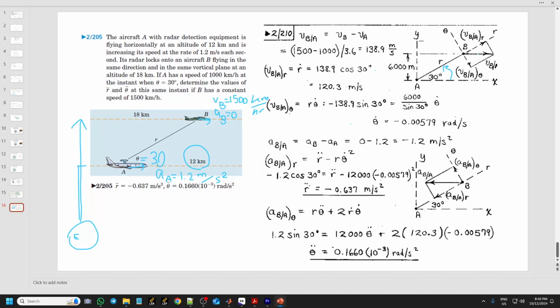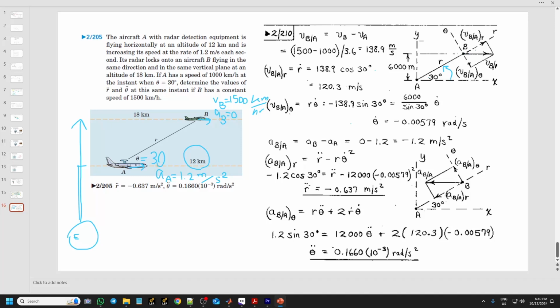So we can also resolve this vector into r dot and r theta dot. And since we know the angle, we can easily do that.